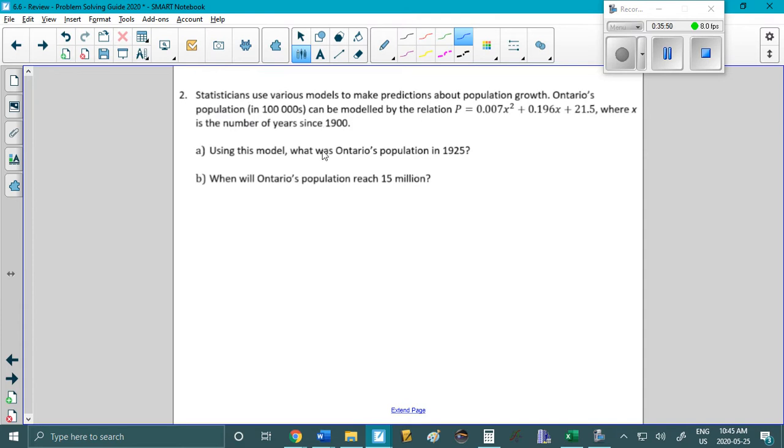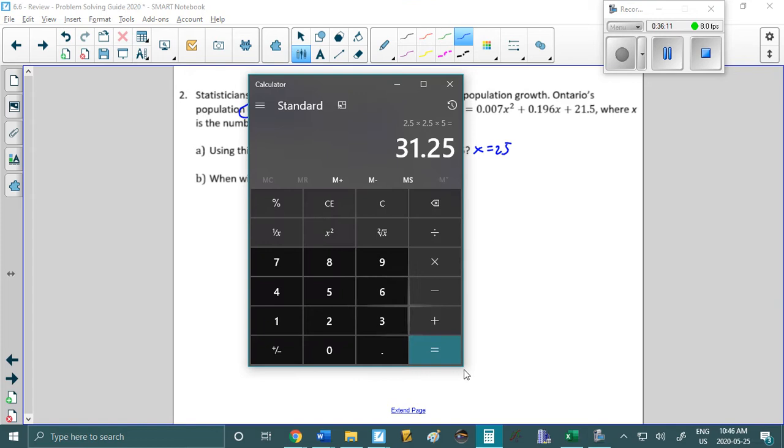Number 2. Using this model, what was Ontario's population in 1925? Notice this starts at 1900, so x equals 25. Sub it in, pretty easy. When will it reach 15 million? So notice this is in hundreds of thousands. So how many hundred thousands are in 15 million?